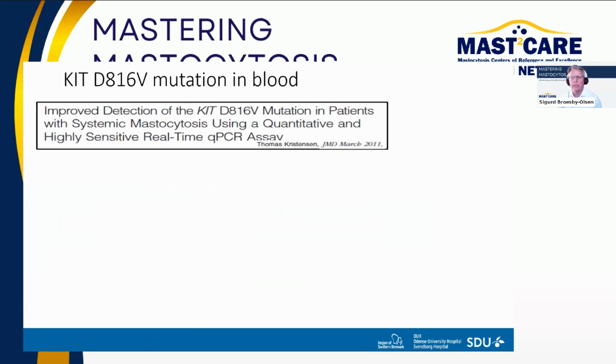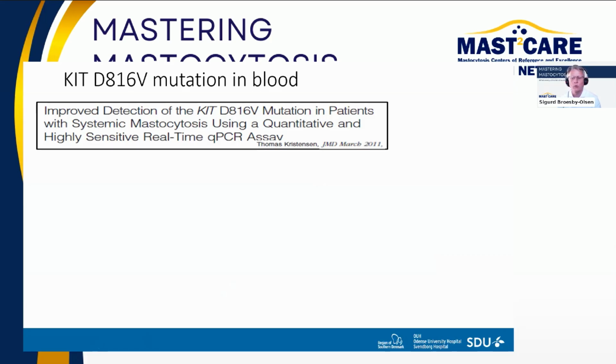But then moving on to the diagnostic situation, we had in our center in Odense a situation where we did not find enough KIT D816V when we did the bone marrow exams. My colleague Thomas Christensen looked into this, and he invented a new method that showed that we are able to detect the KIT mutation in peripheral blood, though we know that they are not circulating mast cells.